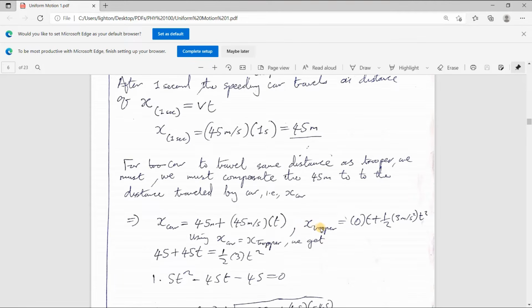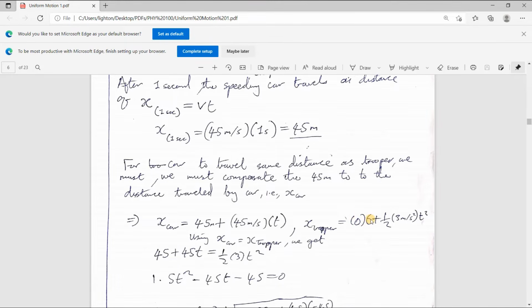Now the distance covered by the trooper is just, now remember the trooper started from the origin, okay, and it started from rest. So x trooper will just be initial velocity times time. Its initial velocity was of course 0. The trooper was initially at rest, that's why its initial velocity is 0 here.